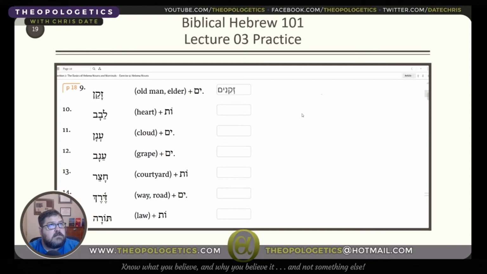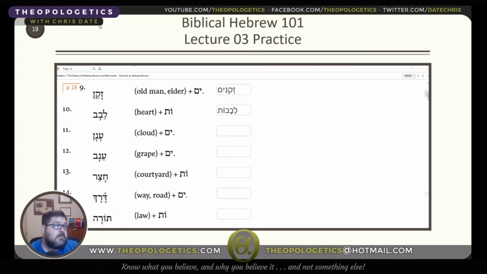But that shortening happened only if the second radical takes a dagesh forte, representing a doubling of that radical. So my guess is that this could be libot. Notice I've put a dagesh forte in the bet to indicate that there are two bets there. And because we did that, we shortened the tsere to a hirek, and then we tacked on the ending. It could be libot, but I suppose it could also be levavot.